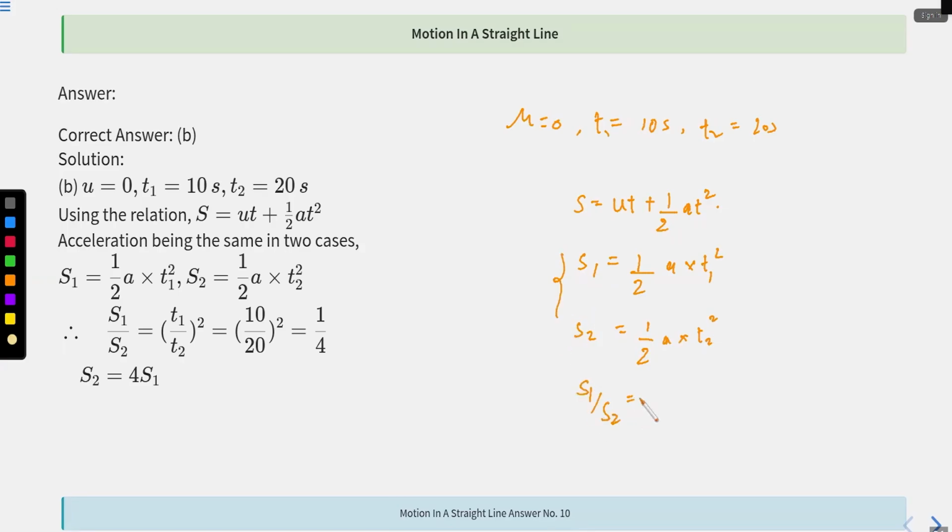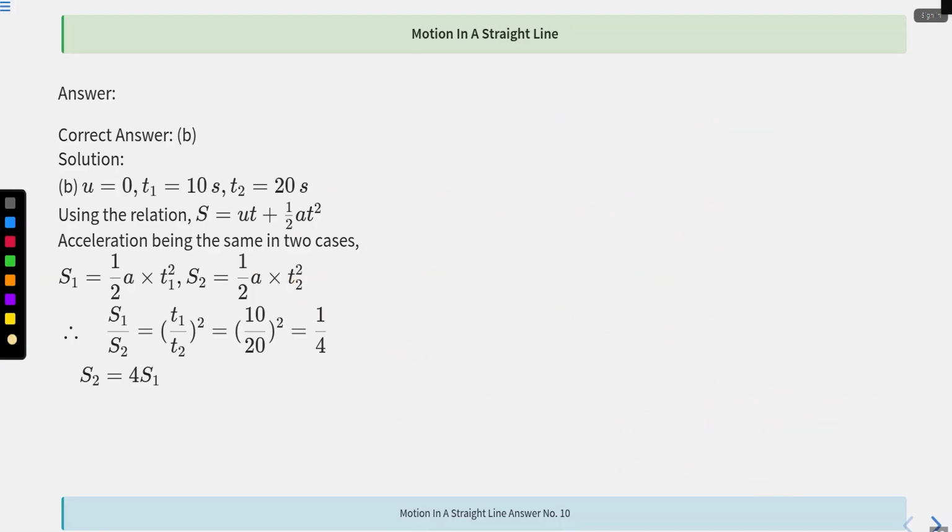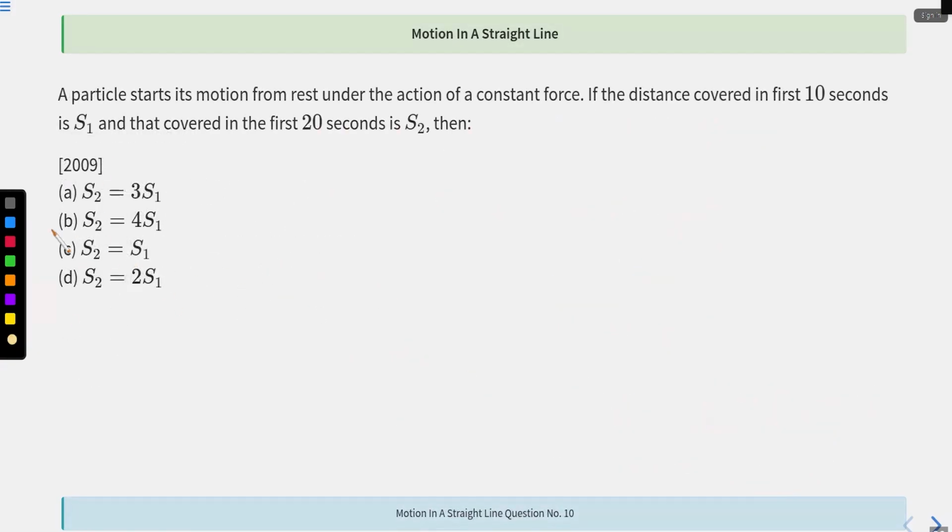S1 by S2 is equal to (T1 by T2) whole square, because at the end the constants are going to get cancelled. That is (10 by 20) whole square, which is 1 by 4, which says that S2 is equal to 4 times S1. This is what is written over here. S2 is equal to 4S1. So that is option B.